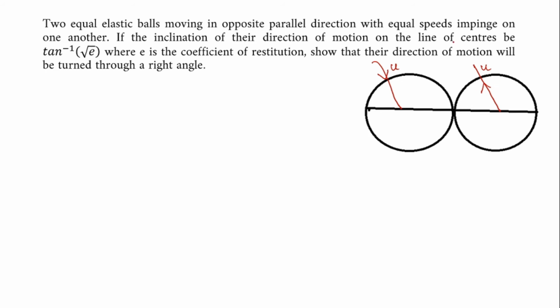Okay, and the angle of inclination for the first one and the second one are the same, so it will be alpha and alpha, and the angle of projection will be theta 1 for the first sphere or first ball, and theta 2 for the second ball, and so the final velocities will be v2 and v1.